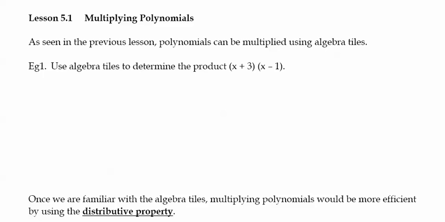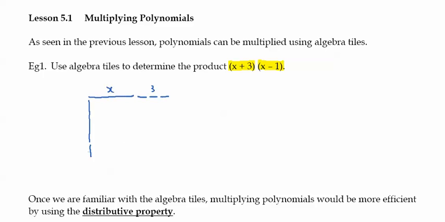But make sure you know how to use algebra tiles. When I'm to multiply x plus 3 with x minus 1, that means I'm starting with some rectangles or algebra tiles. Starting with x plus 3 on one side, and on the other side, I have x minus 1.